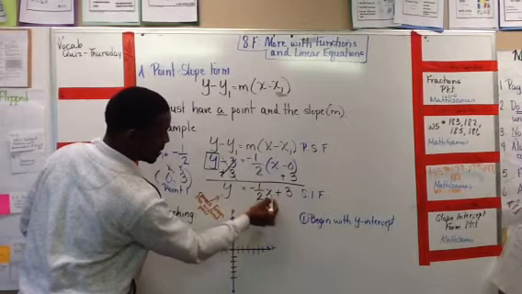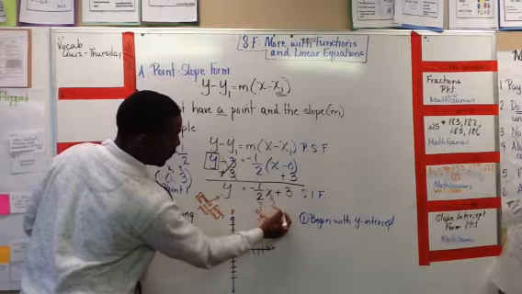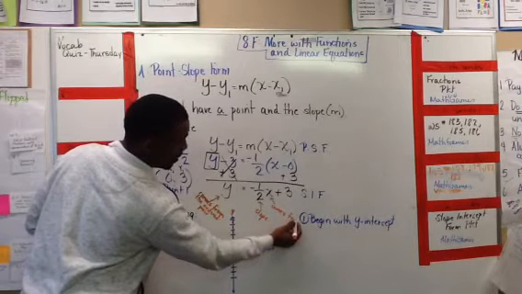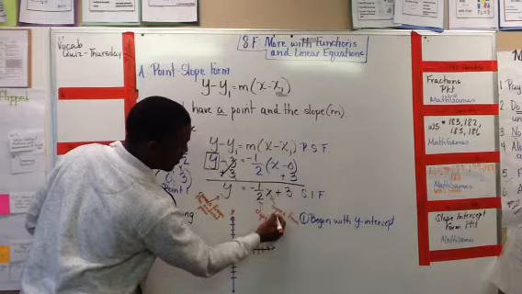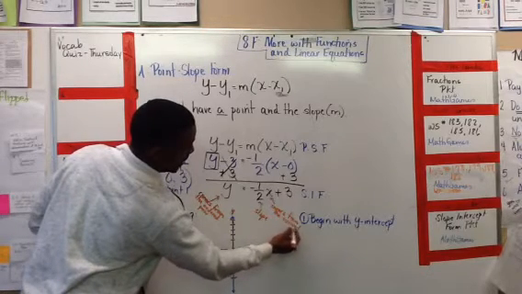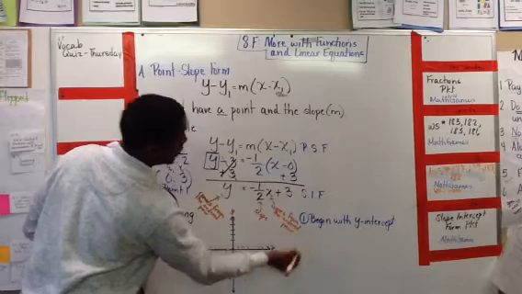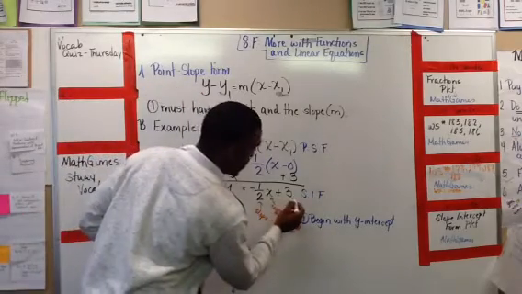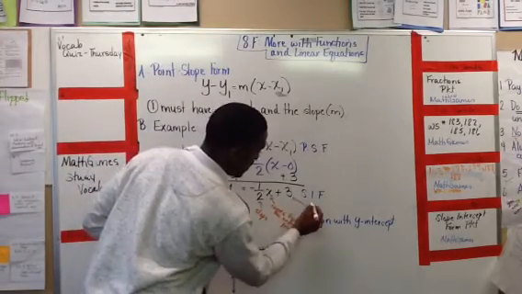We know this x comes from the ordered pair. And when you see that something comes from the ordered pair, that just simply means it won't change. It's going to stay a variable, unless we're trying to find an ordered pair to check it, which I'll show you as well. And this 3 here is our y-intercept.